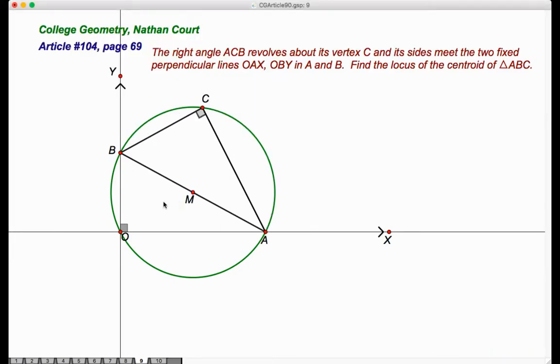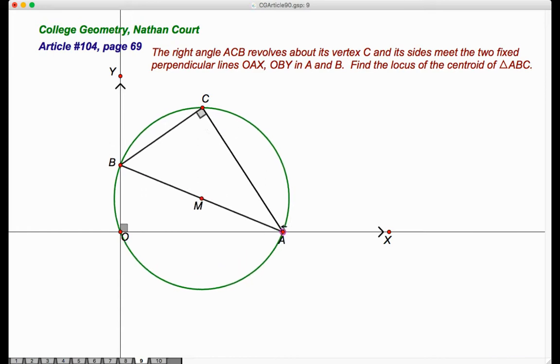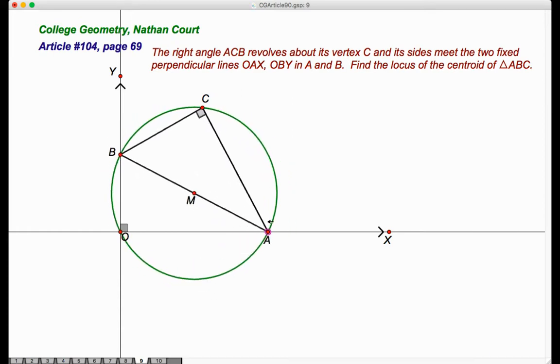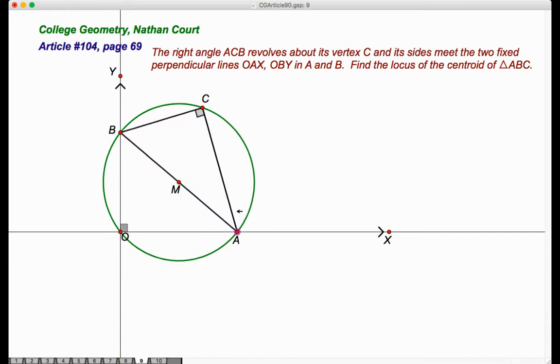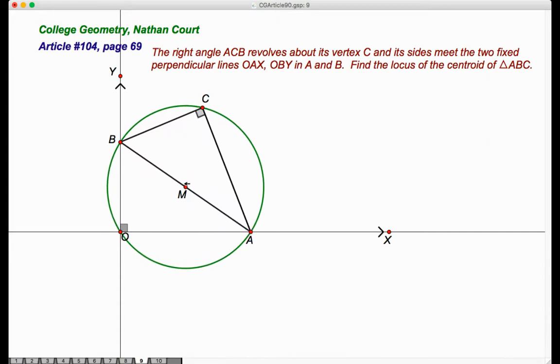Yes. Okay, now we need to construct the locus of G. So the three medians, these are the three medians. Get the midpoint, and connect B to the midpoint, and connect A to the other midpoint.